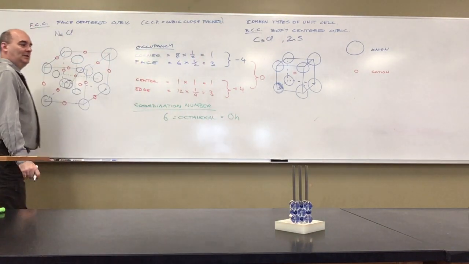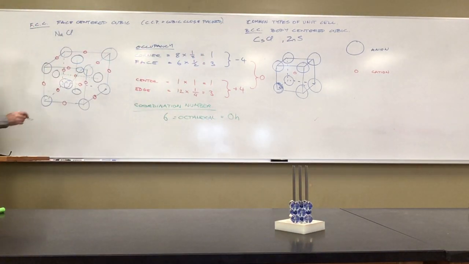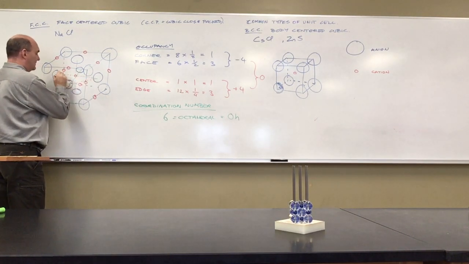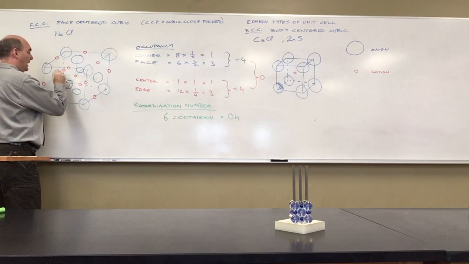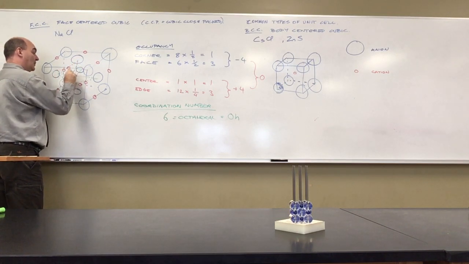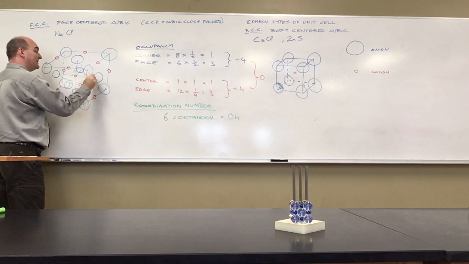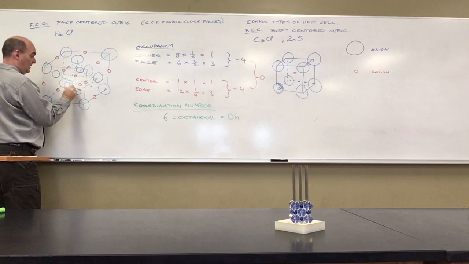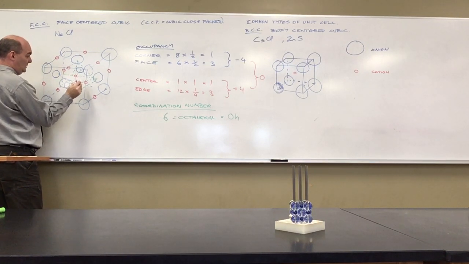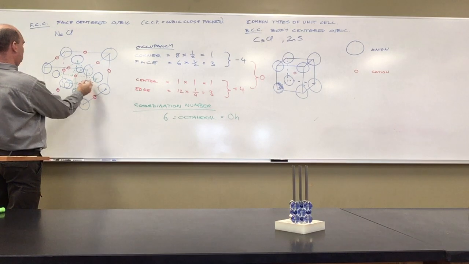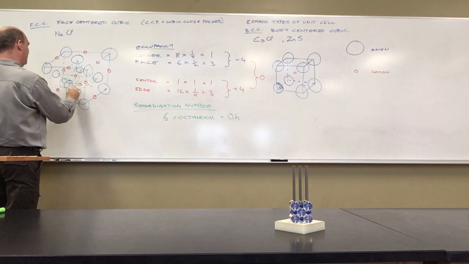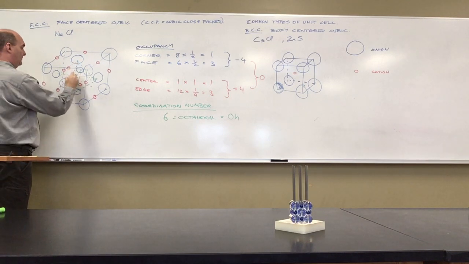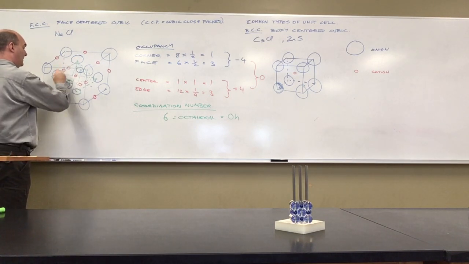Which we give symbol capital O, lowercase h. So, now that I'm done with my diagram and I can destroy it, I can turn that central sodium into 2 square-based pyramids. Okay, bam, bam.